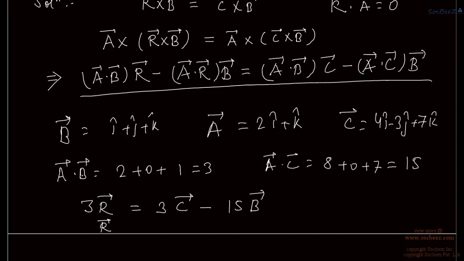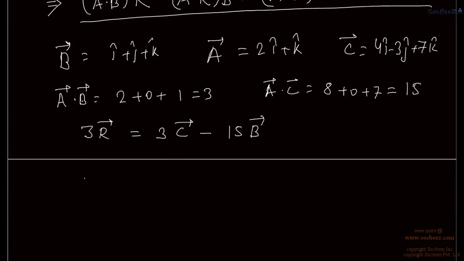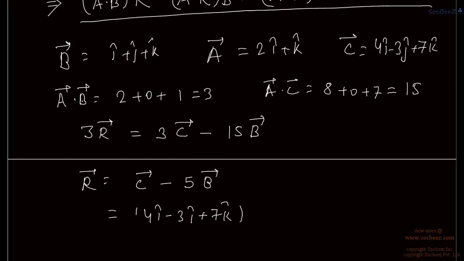So vector R is equal to vector C minus 5 times vector B, right? Here it should be 15 divided by 3, so 5 times vector B. So we have vector C as 4i minus 3j plus 7k, and 5 times vector B as 5i plus 5j plus 5k, right?